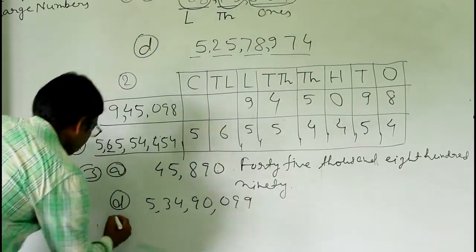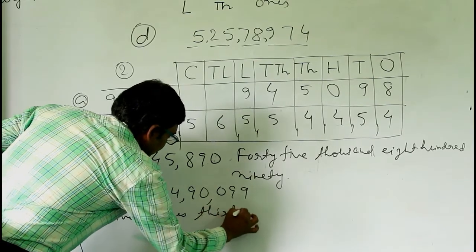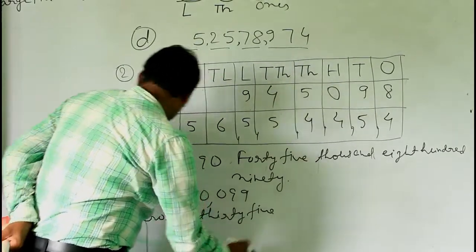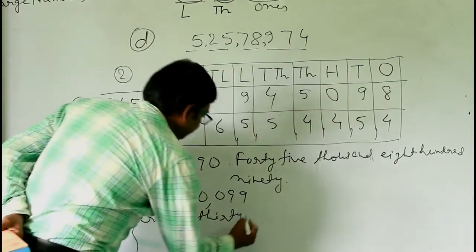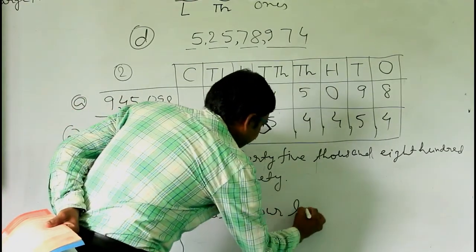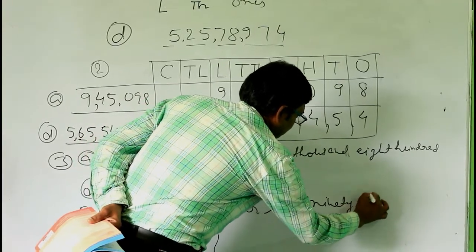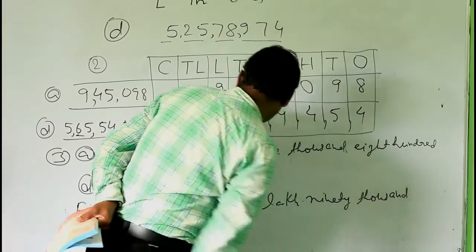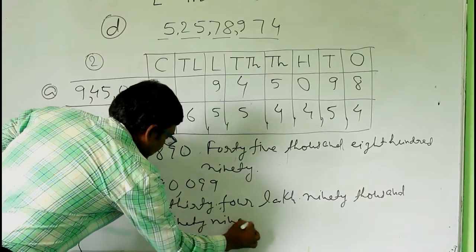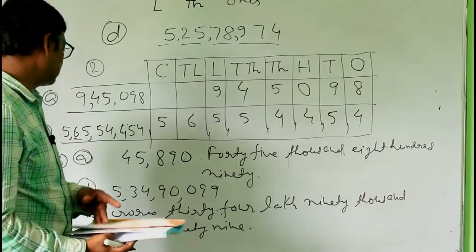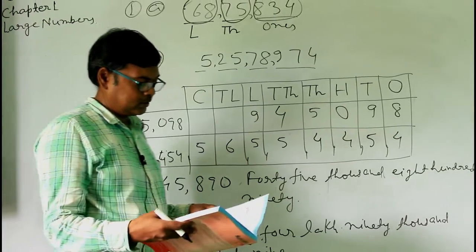That is 5 crore 34 lakh 90,099. So this is the number name, you can read this as 5 crore 34 lakh 90,099. So this is the answer. So you will write the others yourself.